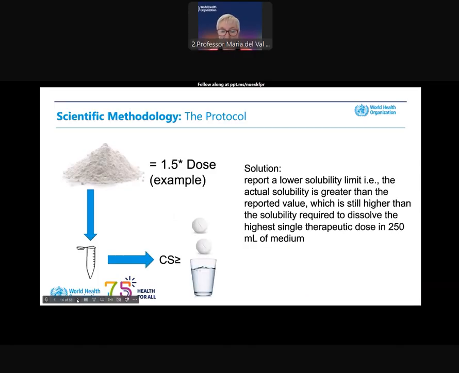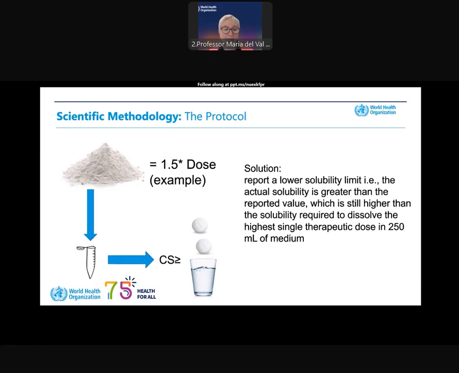So in order to address the problem of requiring very high amounts of API in order to measure the equilibrium solubility, the alternative solution was to report what we call the lower solubility limit. I mean that the actual solubility is greater than the reported value, but this reported value is still higher than the solubility required to dissolve the highest single therapeutic dose in 250 milliliters of medium.